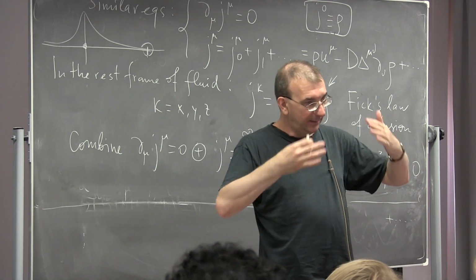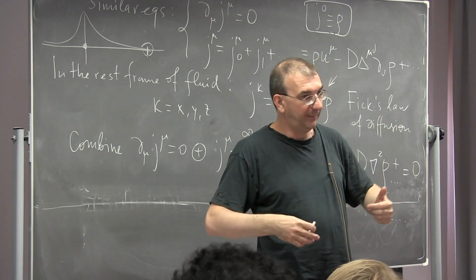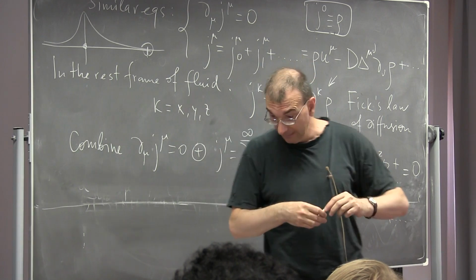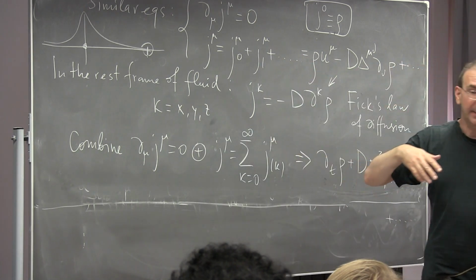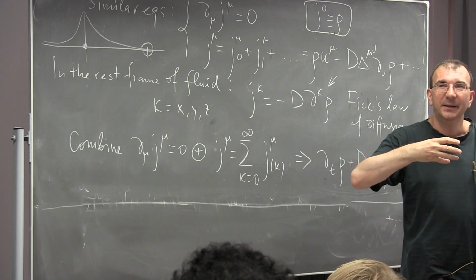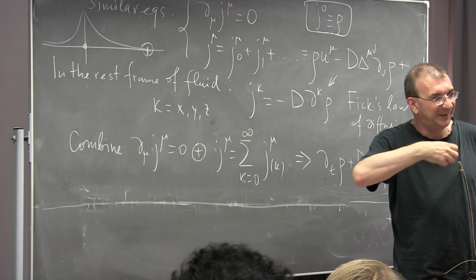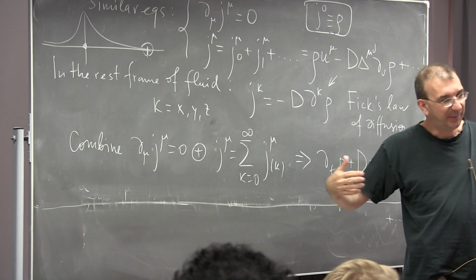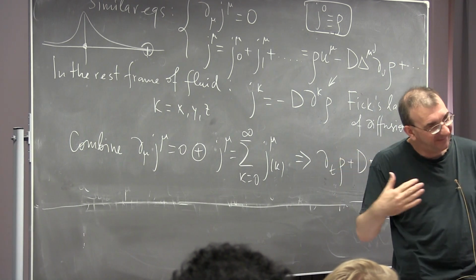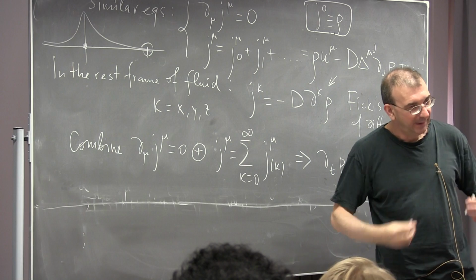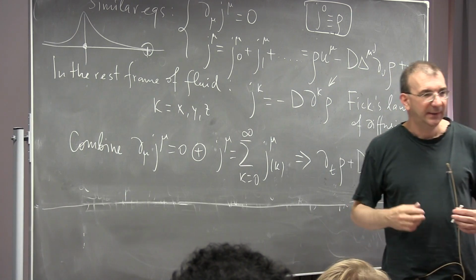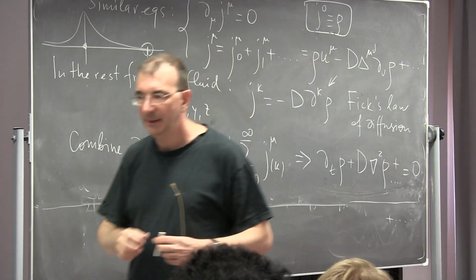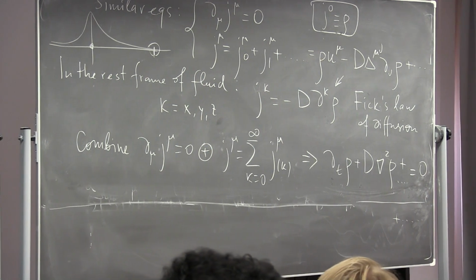How they emerge, for example, as poles of Green's functions, and in a sense how they justify this approach of Israel and Stewart, which was done by hand. Here we have a microscopic theory, and we explicitly see how these extra degrees of freedom appear. So that is a very interesting subject.